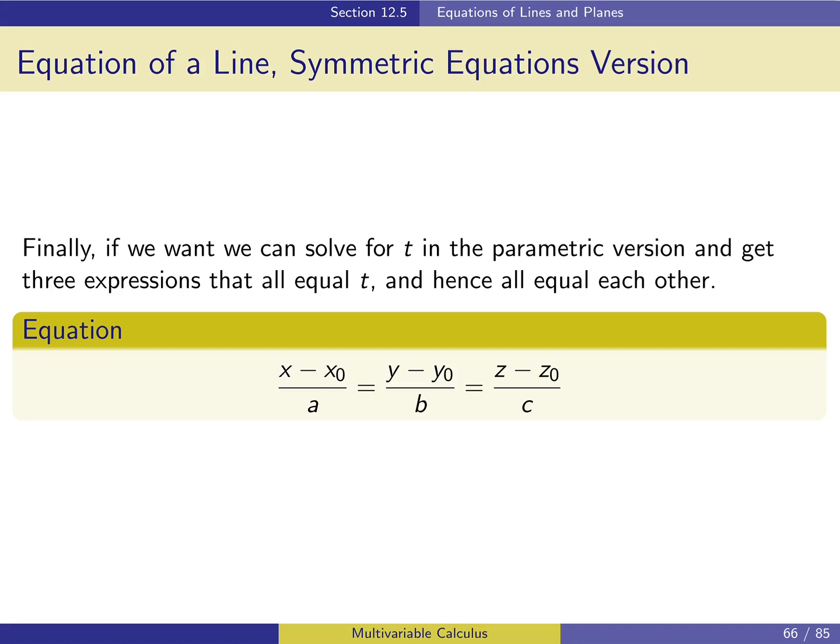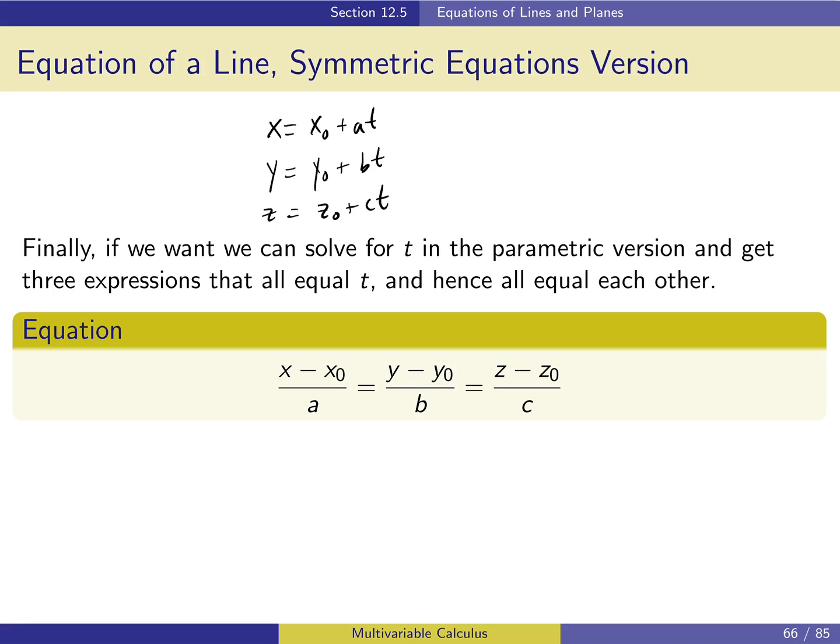Here's one final way to write the equation of a line. We can take the parametric equations, which looked like x equals x naught plus at, y equals y naught plus bt, and z equals z naught plus ct, and we could solve each of these for t. What we'd get from the first one is that t equals x minus x naught over a.